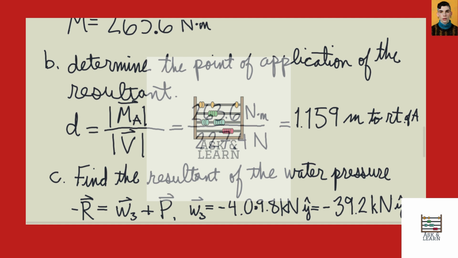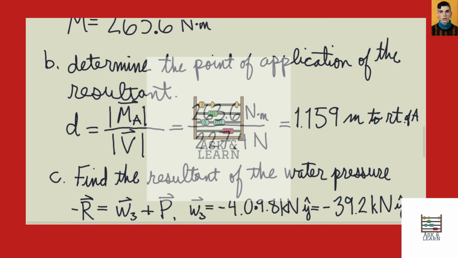With that, we can then determine the point of application of that resultant force, and that's simply the absolute value of the reaction torque at point A divided by the total vertical force exerted by the ground.